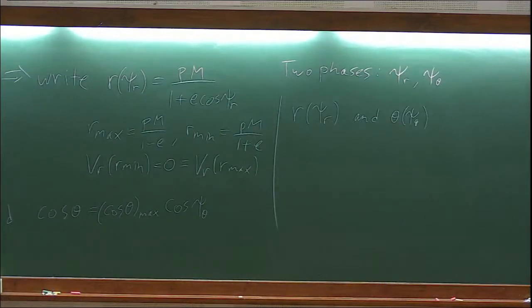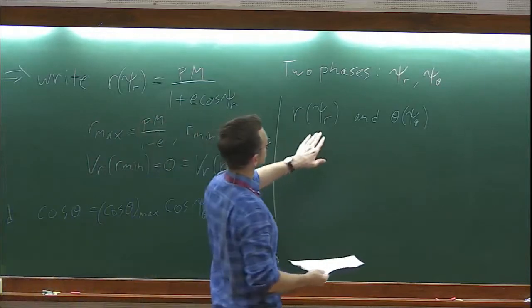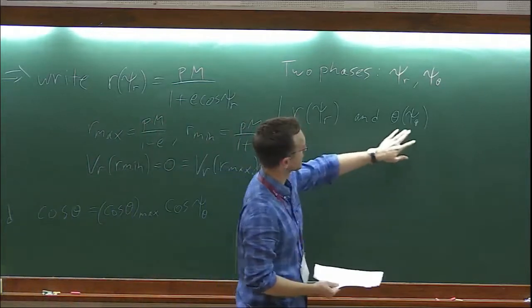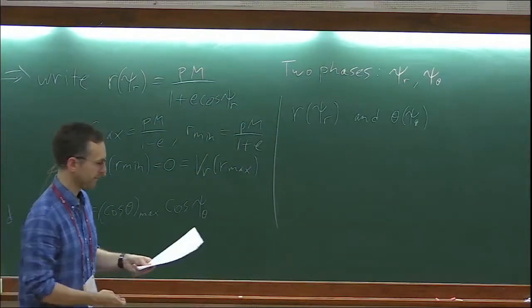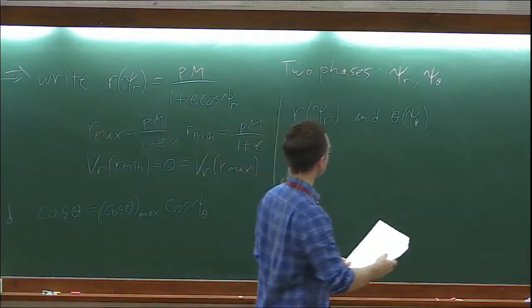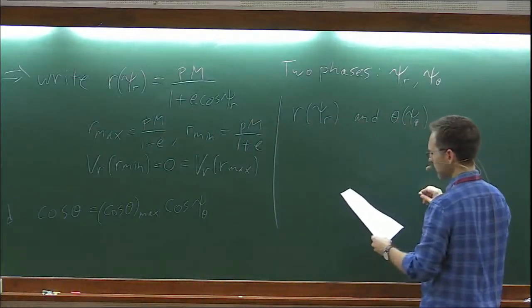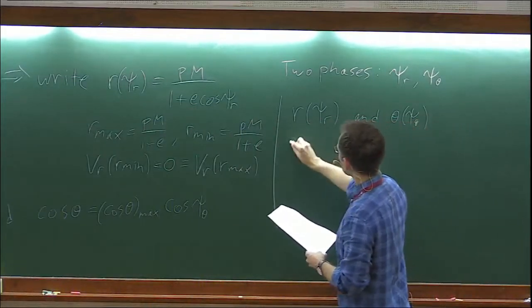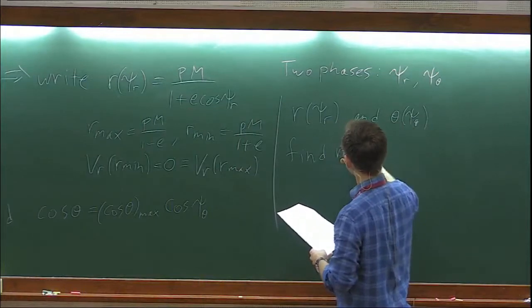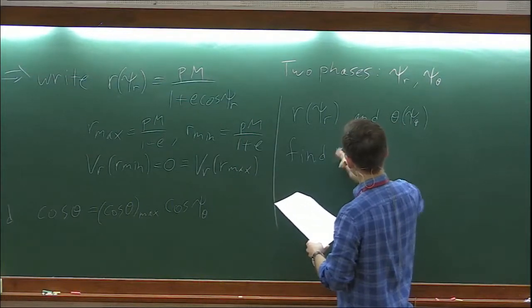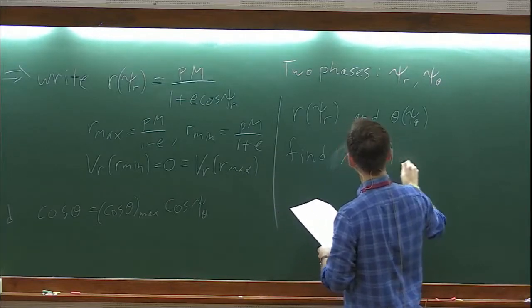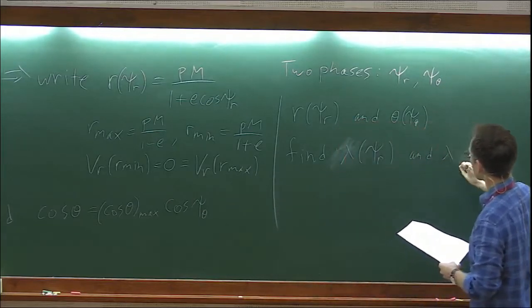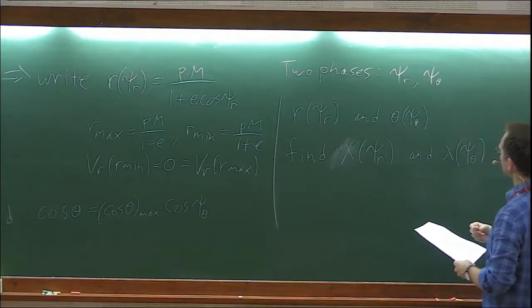So we started off with everything written in terms of lambda, and we need to express these new time variables in terms of lambda in order to be able to solve for all the coordinates as functions of lambda, or ultimately as functions of proper time. So we find lambda as a function of psi r, and lambda as a function of psi theta.